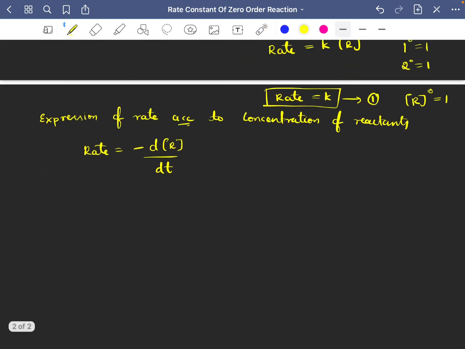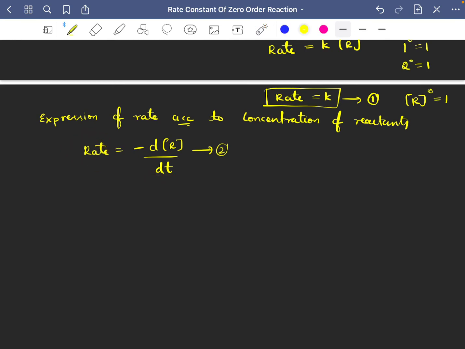Now you can consider this as equation number 2. See, we have two equations for rate. The first one is rate is equal to rate constant, and the second one is rate is equal to minus of change in concentration of reactant with respect to time. Now equate equation 1 and 2.